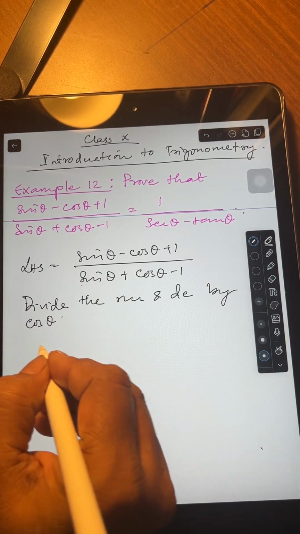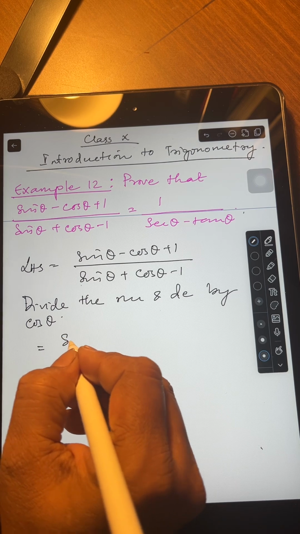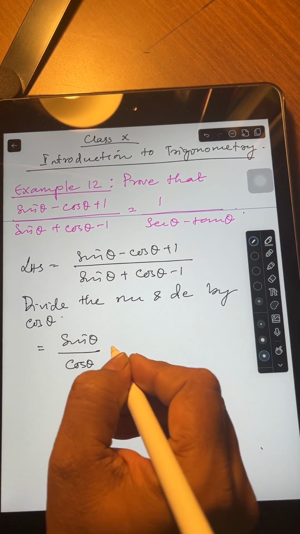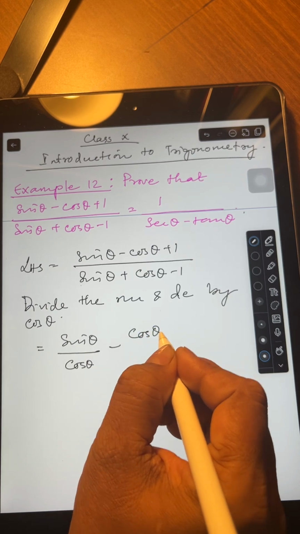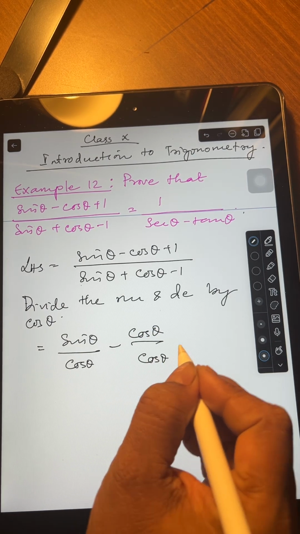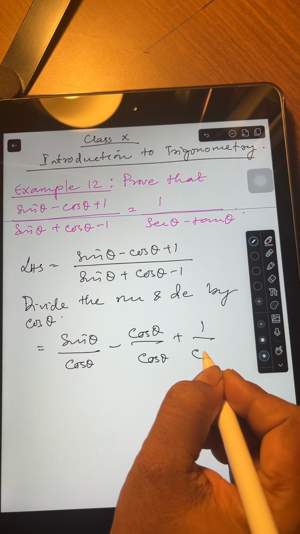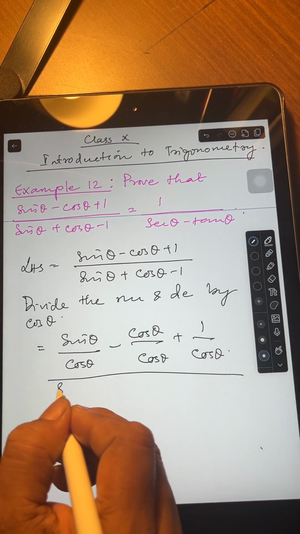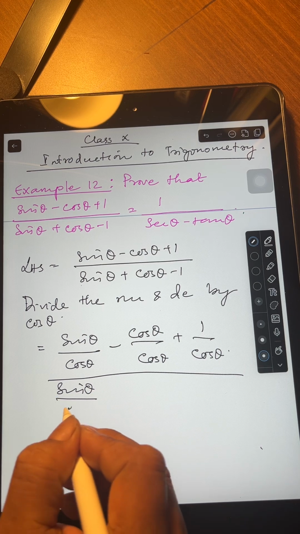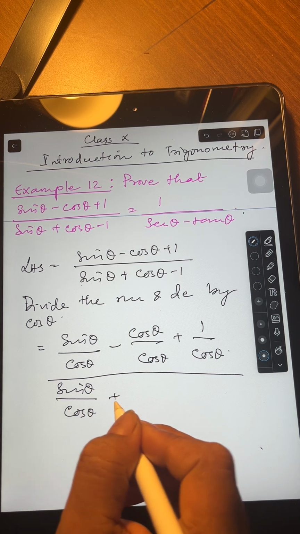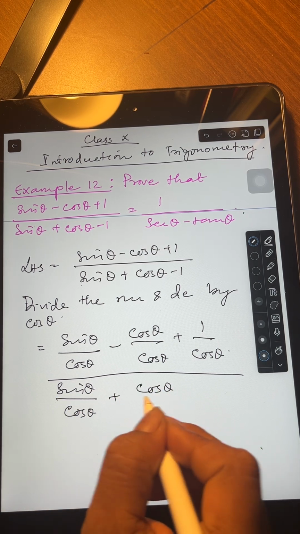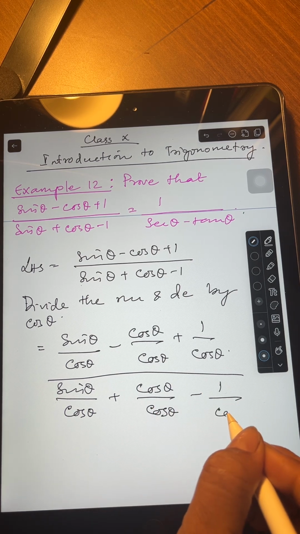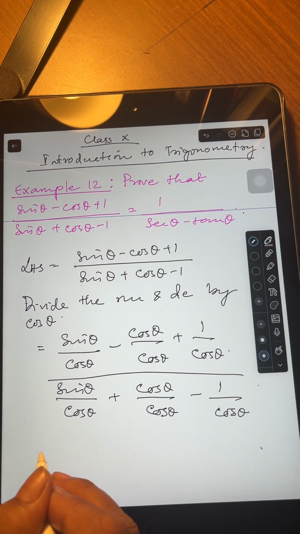Okay, now what you can do is sine theta by cos theta minus cos theta by cos theta plus 1 by cos theta, by sine theta by cos theta plus cos theta by cos theta minus 1 by cos theta. This is what you can do.